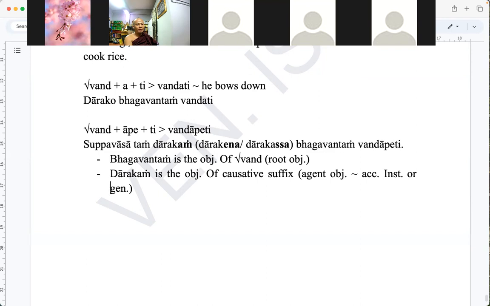And another point, Bante, is for the causative verb. When we add the causative suffix, it can also be in its own type of verb or its own mood. We also divide it based on first person, second person, like the principle that we divide with other verbs. It's the same principle, right?